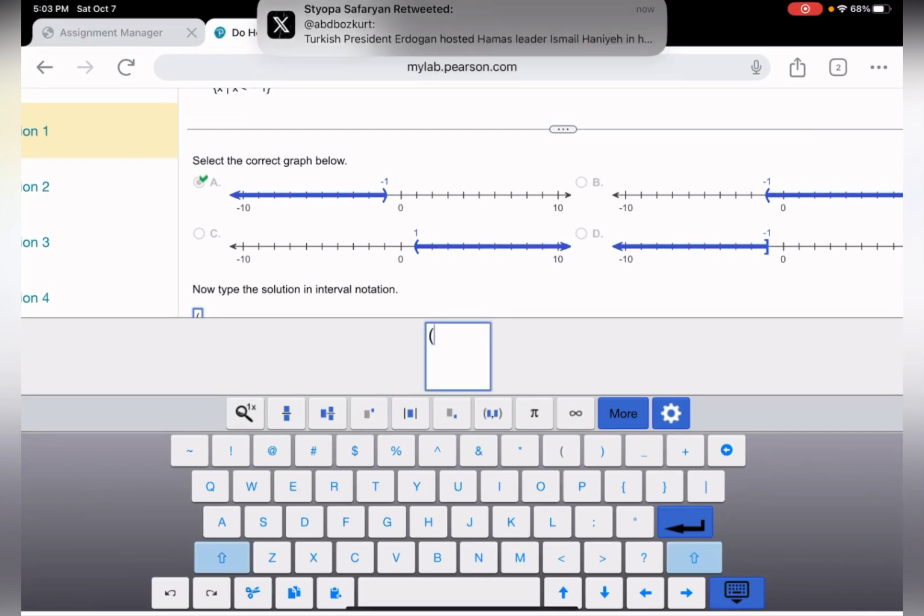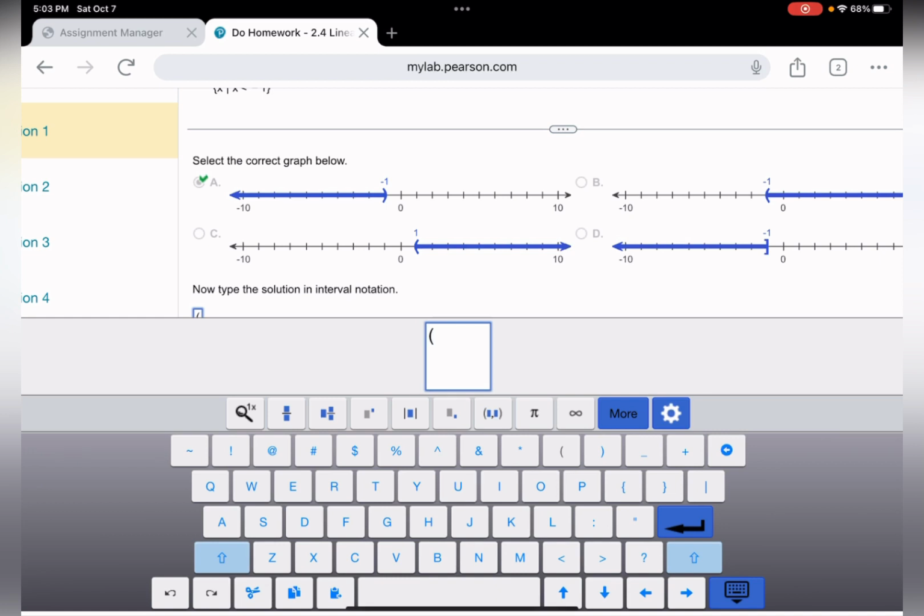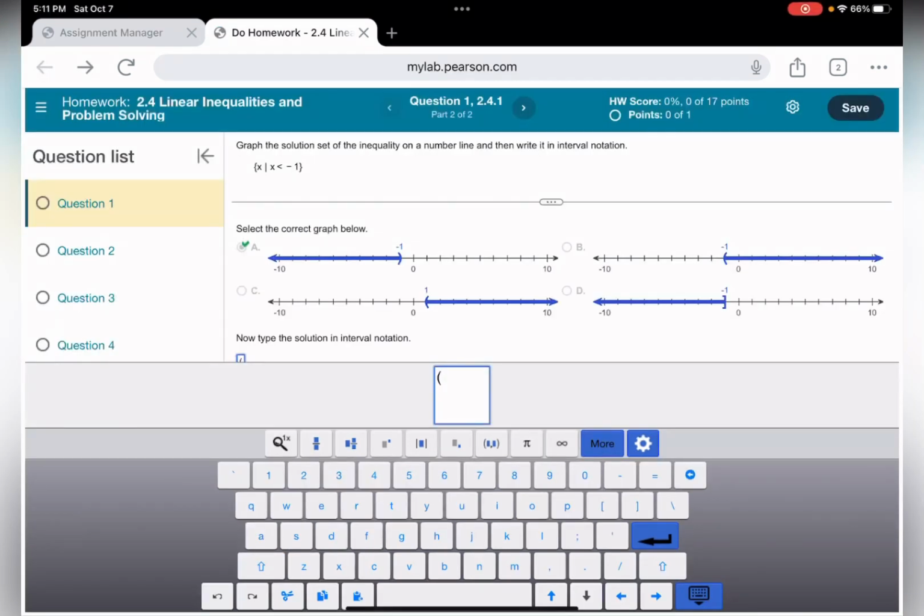So first we put negative infinity, comma, till -1, right? Since the equal sign is missing, we also put parentheses. Okay.